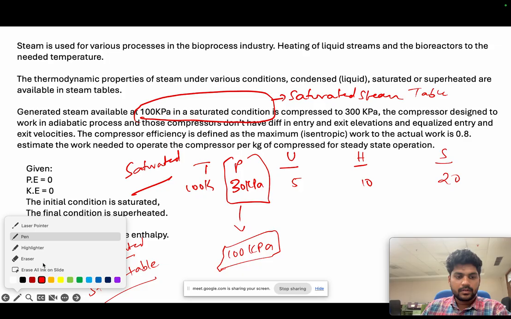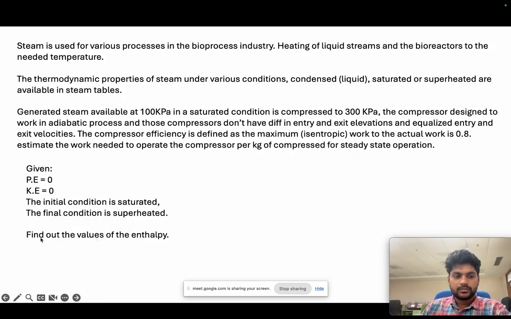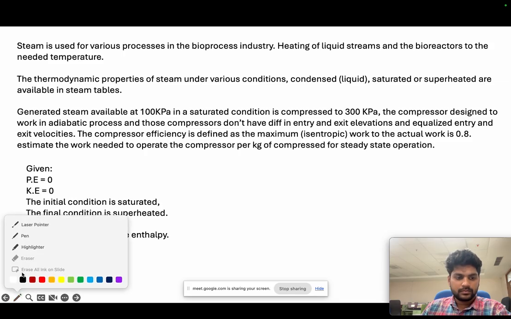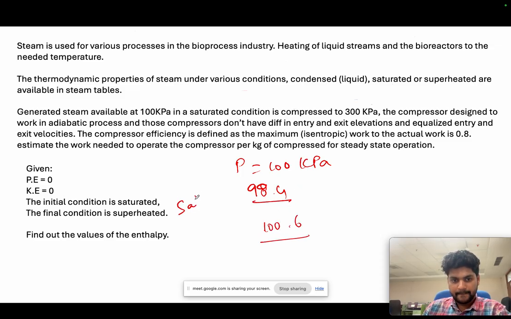Yes, sir, I'll check. I think you won't have exactly 100 kilopascal. You will have maybe around 98.4 or 100.6 like this in the saturated steam.